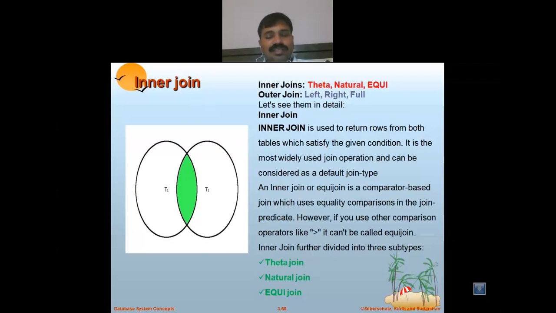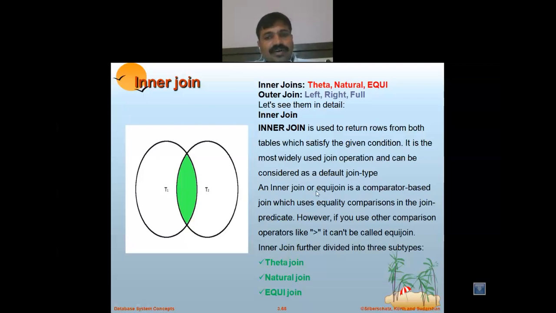The records of T1 and T2 which match are called the inner join, so we fetch records from both T1 and T2.